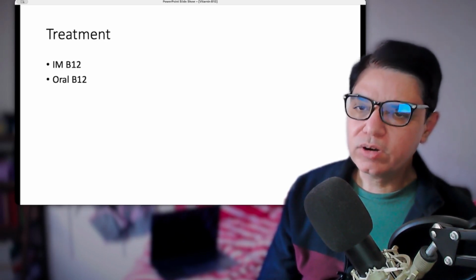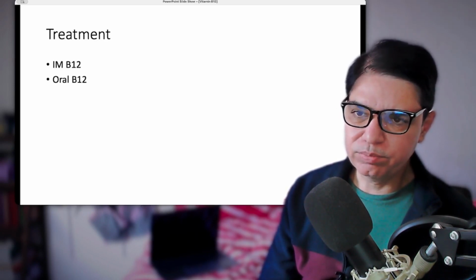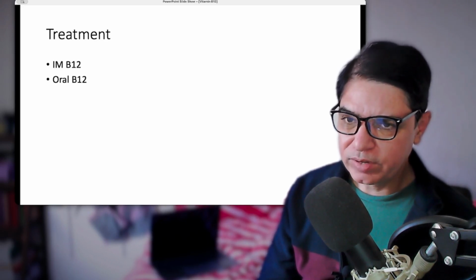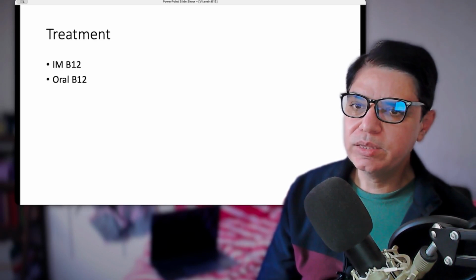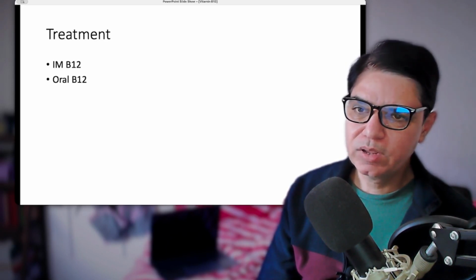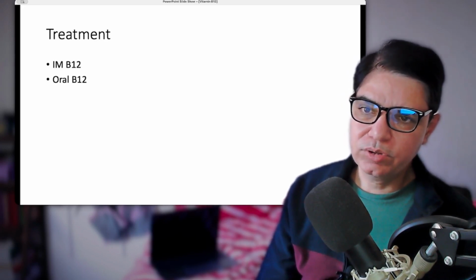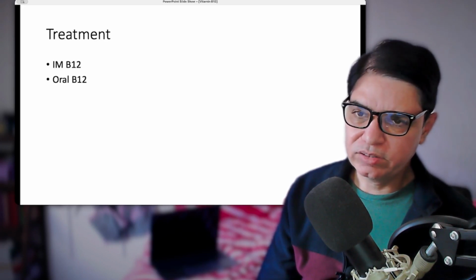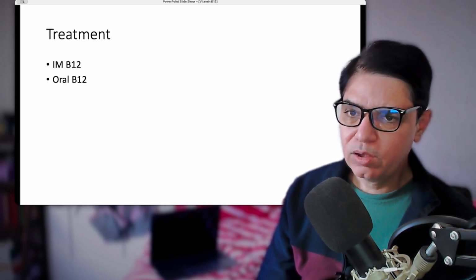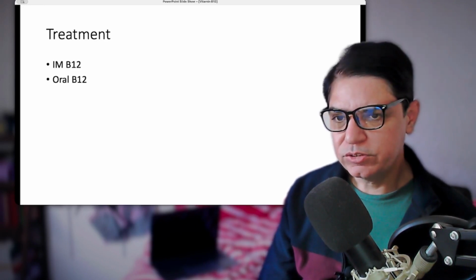Those who do not have symptoms, where just by chance their vitamin B12 level comes out low, should be given IM B12, 1 milligram of hydroxocobalamin, every alternate day for 2 weeks. For the others, it's 3 weeks, or as long as it takes for the symptoms to resolve. Oral can be given for 2 to 3 months and then reviewed, again at the physician's discretion.